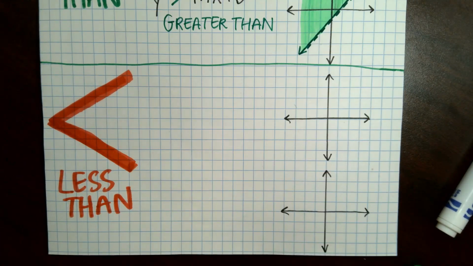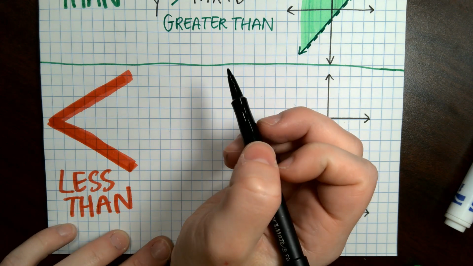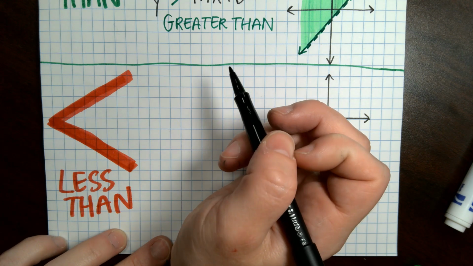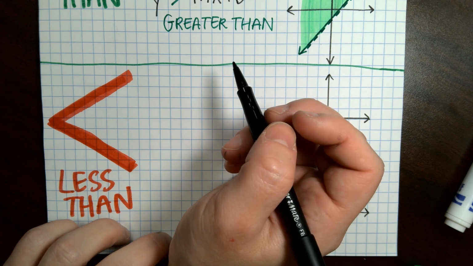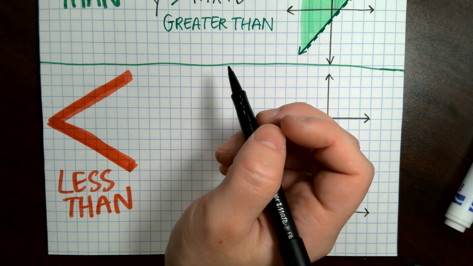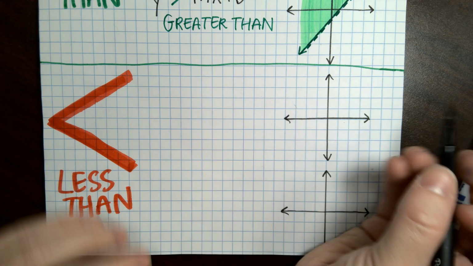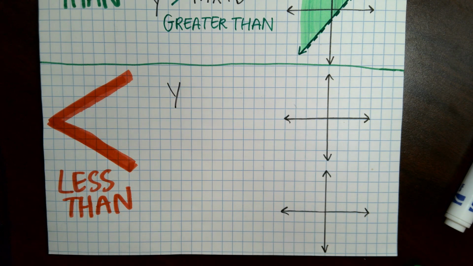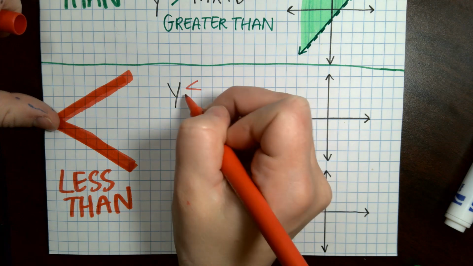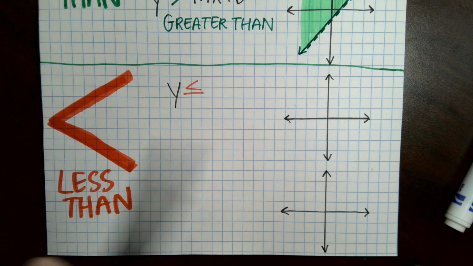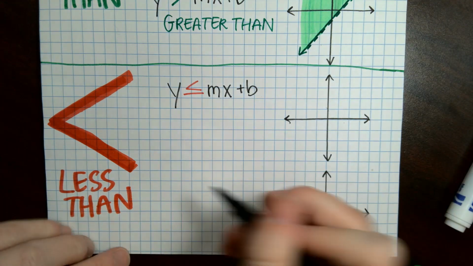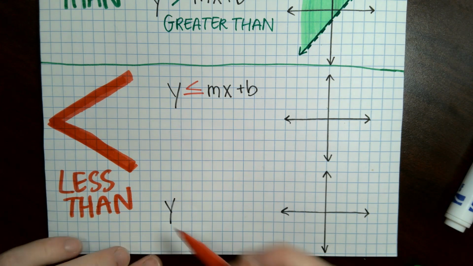So let's go ahead and create the less than part. This time we'll have y is less than or equal to mx plus b, and y is less than mx plus b.